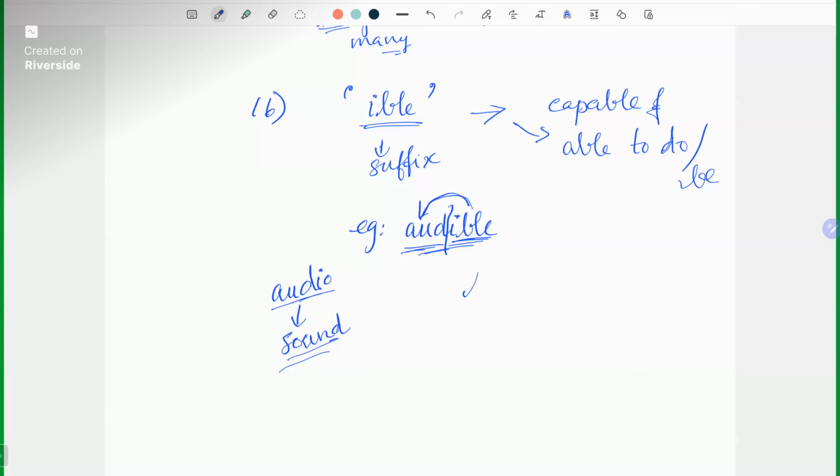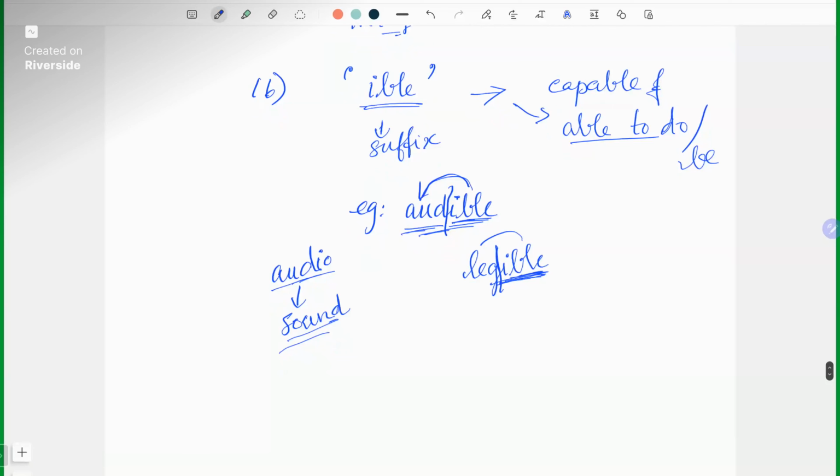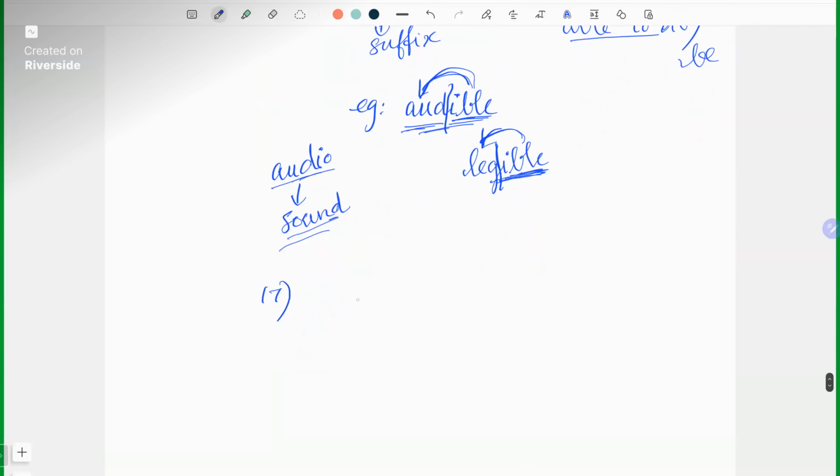Even legible is clear enough to read. The handwriting is legible, we say. So legible, able, something is clear, we are able to read something, that is the meaning. So able means able to do, able to hear, able to read something which is written.